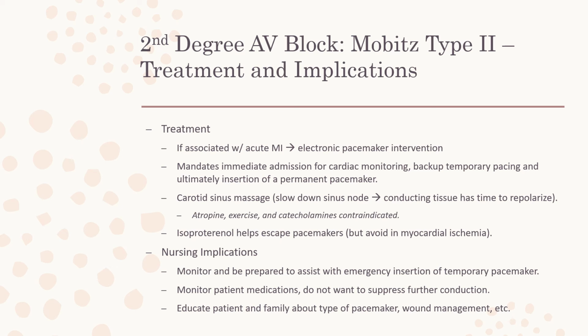So the nursing implications for this type of block: monitor and be prepared to assist with emergency insertion of temporary pacemaker. Monitor patient medications. You don't want to suppress further conduction. And obviously the patient and the family are going to have to be educated about what type of pacemaker, wound management, etc. is going on once the patient has that implanted.